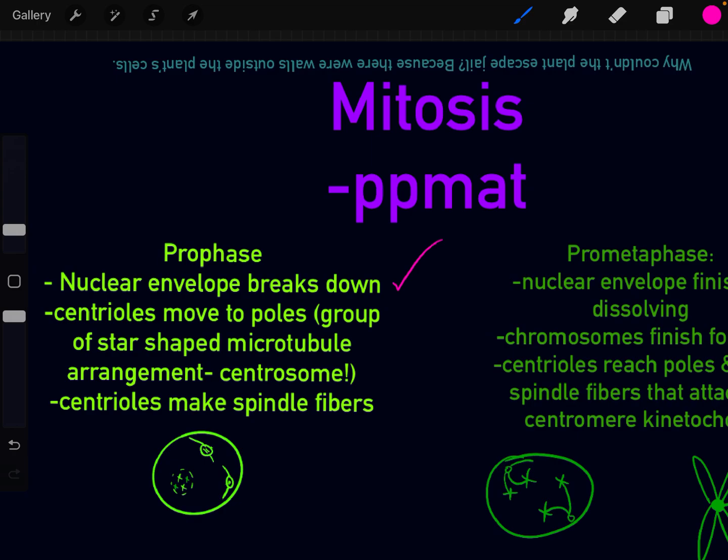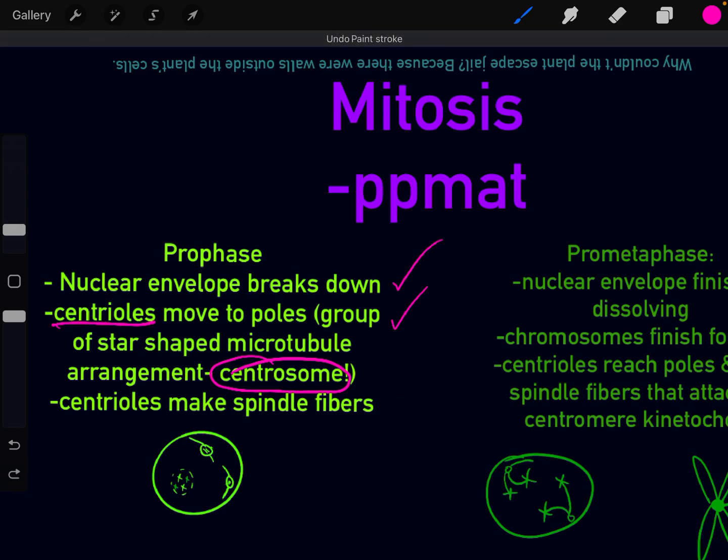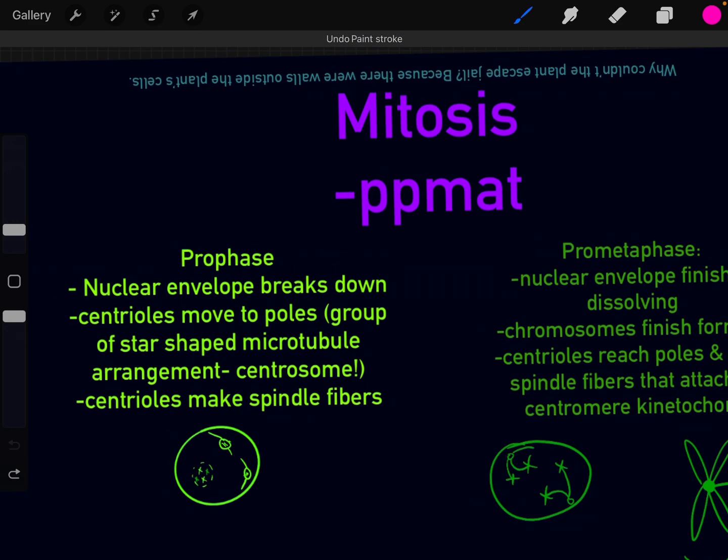And centrioles are groups of star-shaped microtubule arrangements, and they're in something called a centrosome. Centrosome is a membrane-bound organelle that's home to these things called the centrioles. And centrioles make spindle fibers, and spindle fibers are basically these extensions coming out of the centrosomes. They kind of look like spider legs to me.